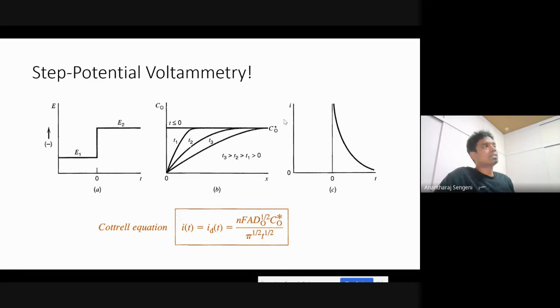So in a sense, it is totally different from what we have seen with LSV or CV, because those two techniques are transient techniques, in which we sweep the potential from one point to another point. In between, we measure the current response of the interface at all the potentials according to the scan rate we set.